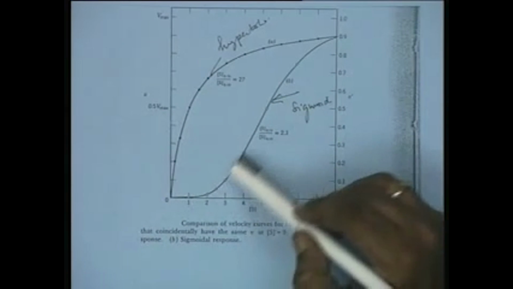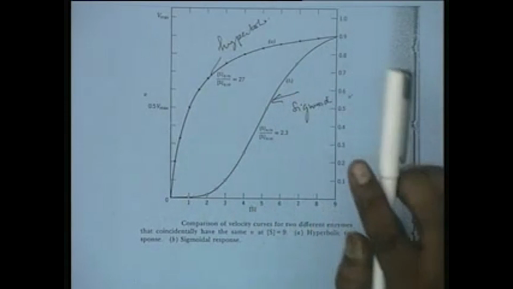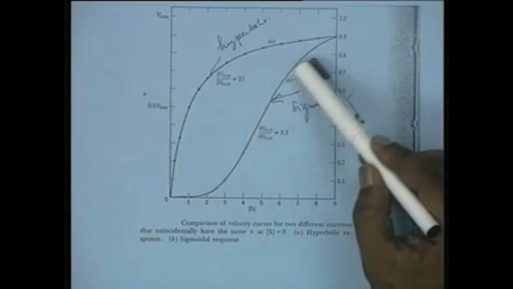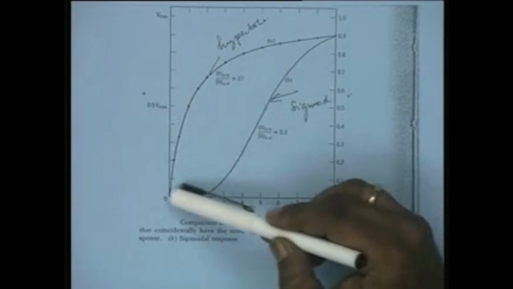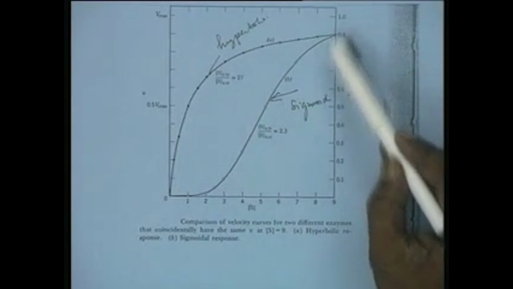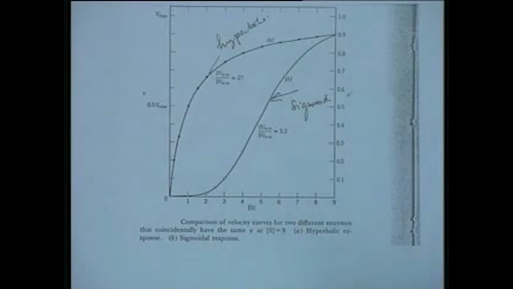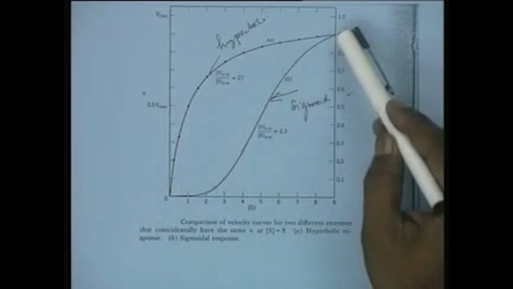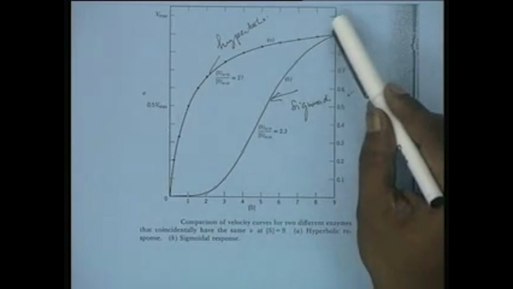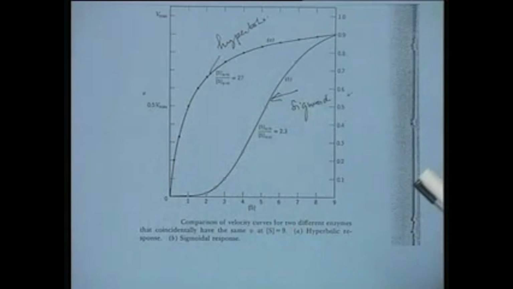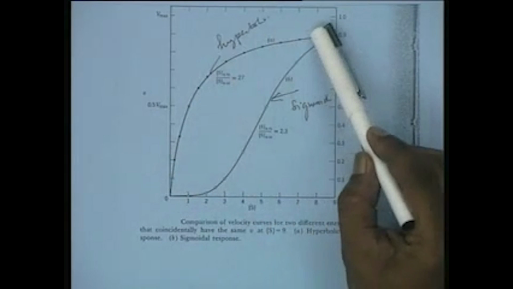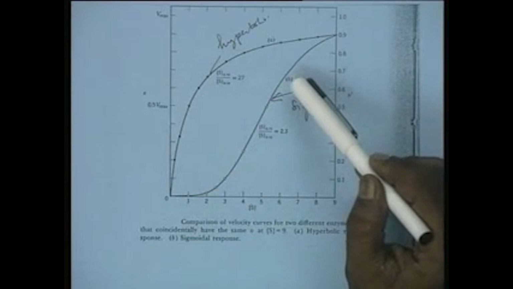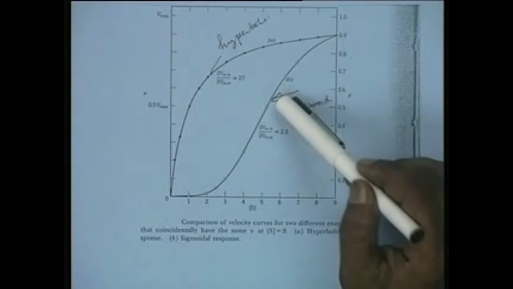In both cases, whether it follows hyperbolic kinetics or sigmoidal kinetics, the enzyme velocity reaches the same value at a particular substrate concentration. That is what we are talking about at the maximum reaction velocity. Subsequently it reaches the same, but only the initial phase changes, and the first one is a typical hyperbolic profile, the second one is a sigmoidal profile which is exhibited by an allosteric enzyme.